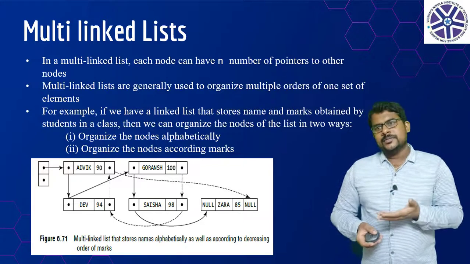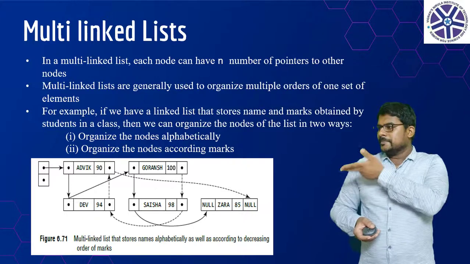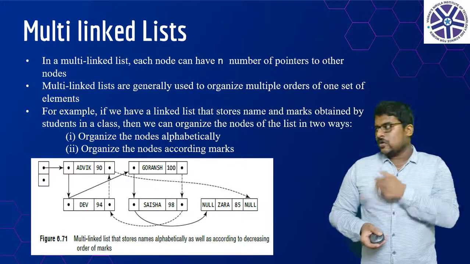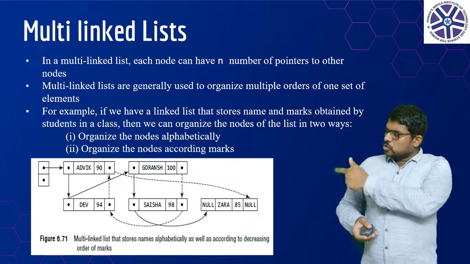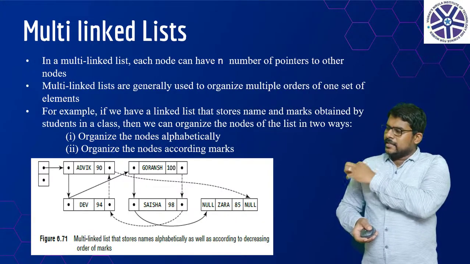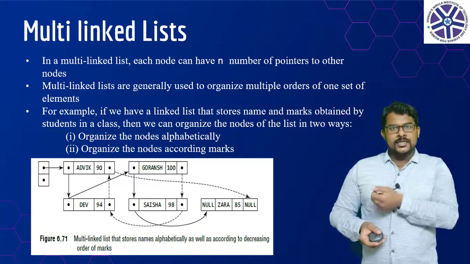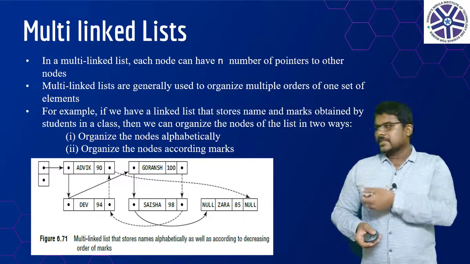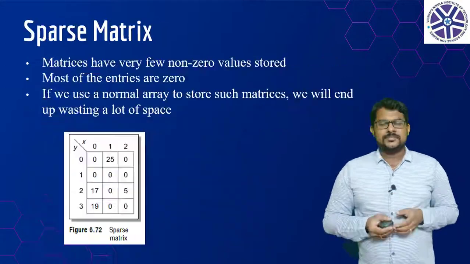In the other way, the same list can be represented in incremental order of their marks, like this. So here you have 2 linked lists, and each node has 2 links. If you follow one link, it will go along the marks, and if you follow the other link, it will go along the names.